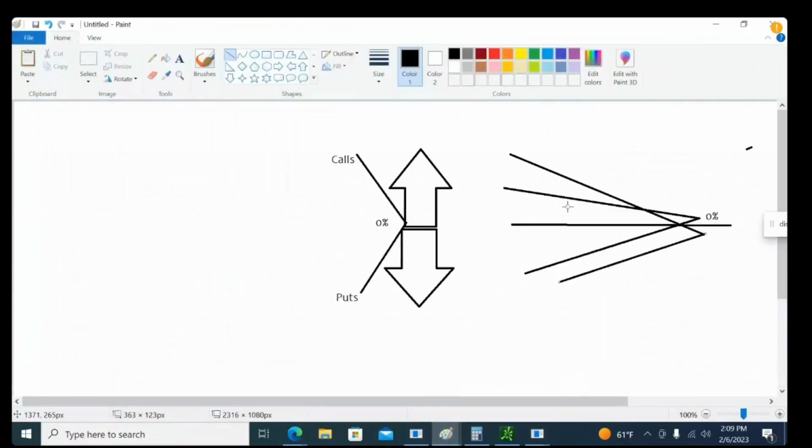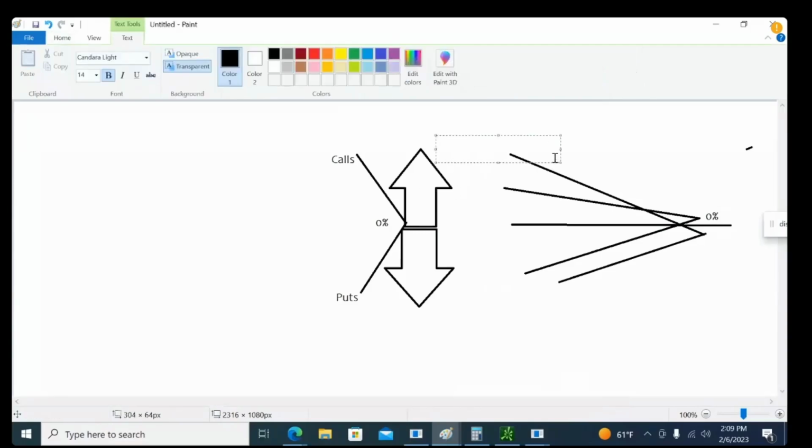But so what happens is, as you go up, more and more of the contracts come into the money. Then as you go down, more contracts are worth money.